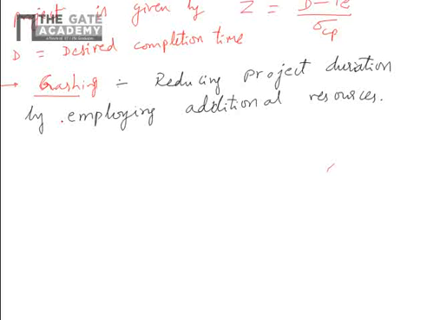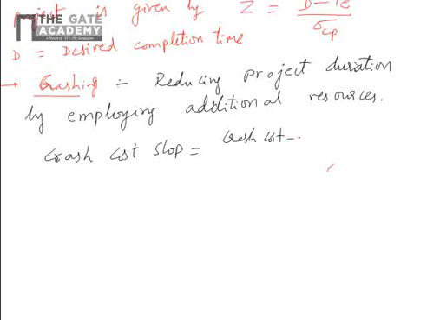In crashing, you need to crash an activity which is having the least crash cost slope, which has to be calculated for each activity.